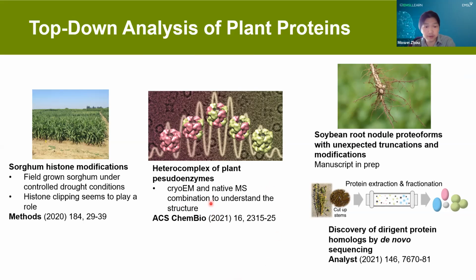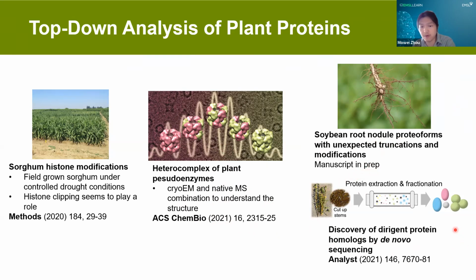There's also an interesting study recently published on heteroprotein complexes in plants. I'm not going to talk about details today, but you're welcome to look at this paper. What I'm going to focus on today are two projects. One is to study soybean root nodule proteoforms, where we found some unexpected truncations and also modifications. This is still unpublished data.